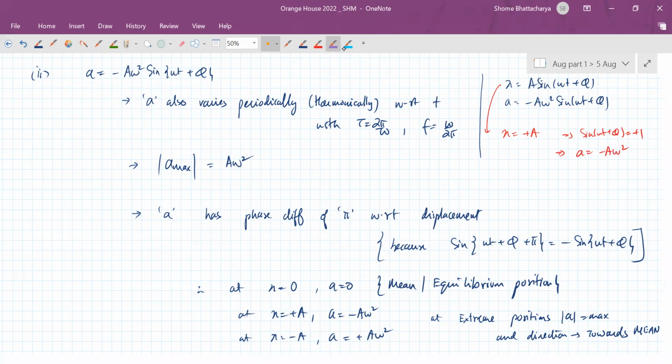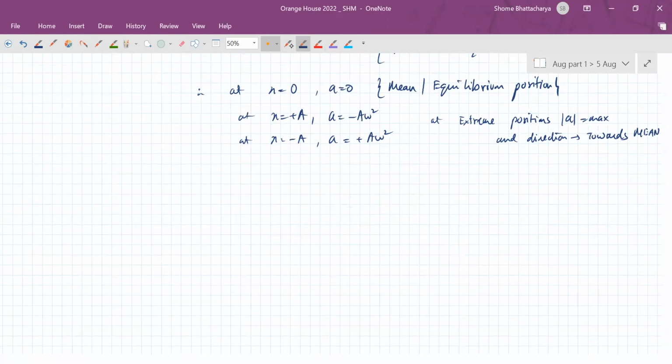So they have that kind of relationship: when you are at the positive extreme, then you have maximum negative acceleration, and when you are at the negative extreme, you have maximum positive acceleration. Okay, so finish with this now.